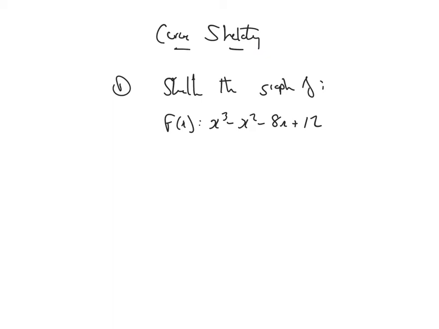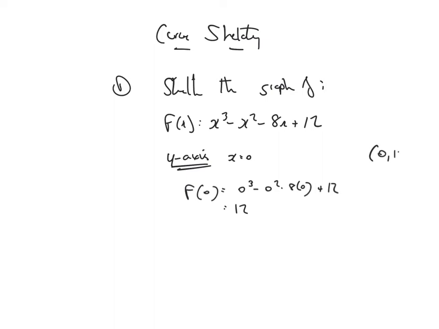Okay, so the first thing that I'm going to do is check the y-axis. I check the y-axis by making x equal to 0. So f of 0 equals 0 cubed minus 0 squared minus 8 lots of 0 plus 12. And that'll give me 12. Okay, so I cut the y-axis at 0, 12.